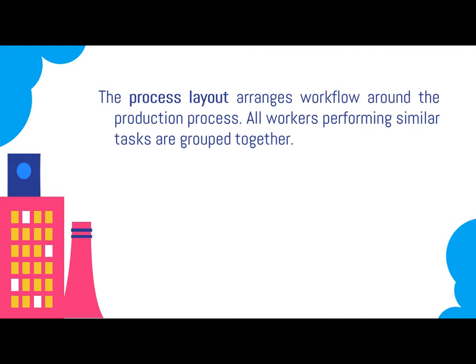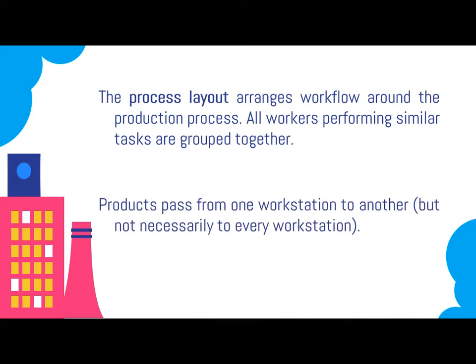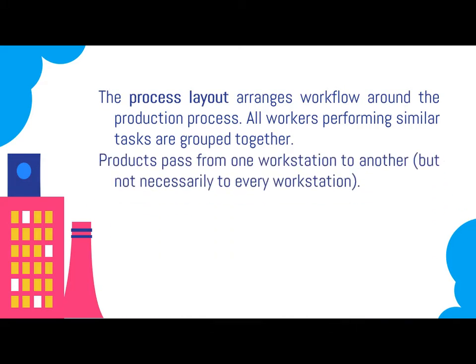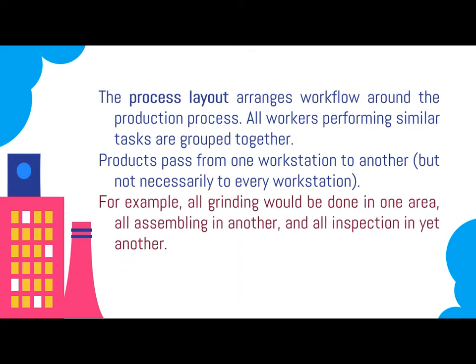All workers performing similar tasks are grouped together. Products pass from one workstation to another, but not necessarily to every workstation. For example, all grinding would be done in one area, all assembling in another area, and all inspection tasks in yet another area.